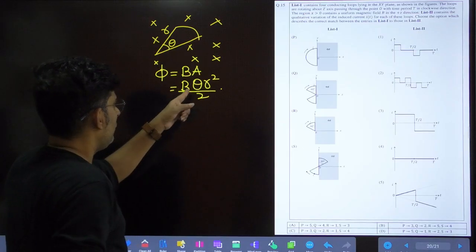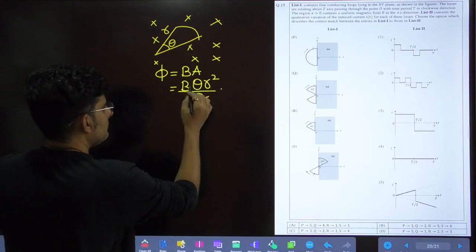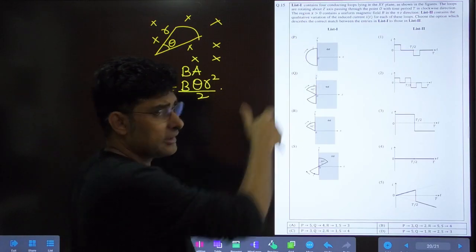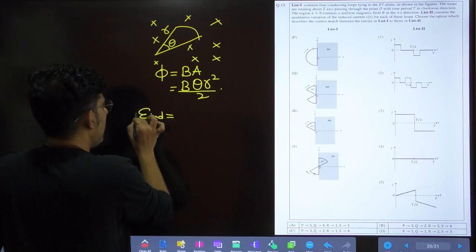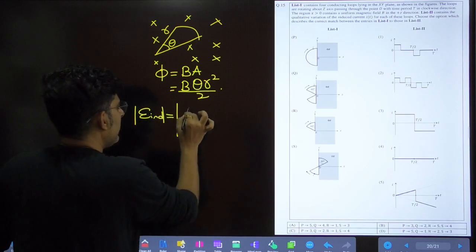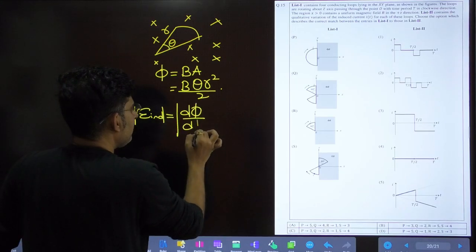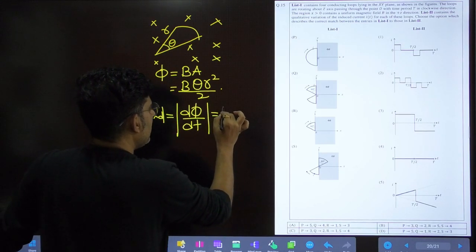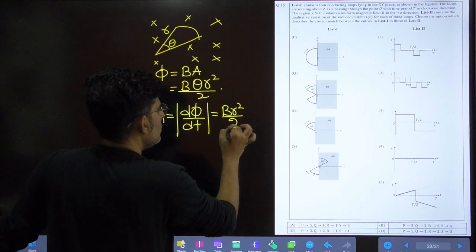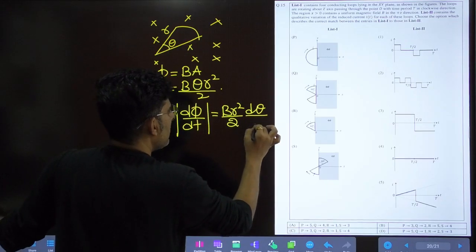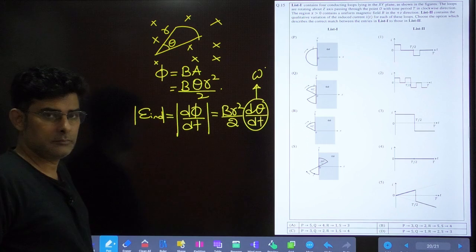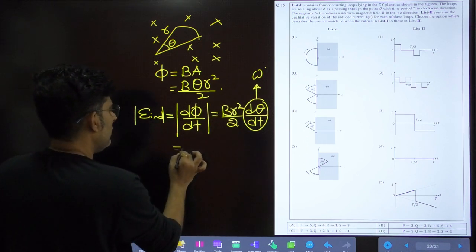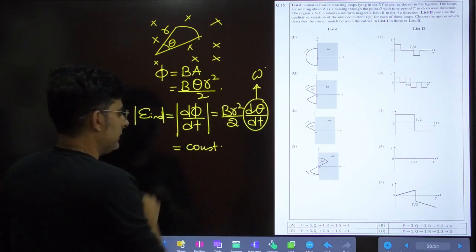Since it is rotating with constant speed, the induced EMF magnitude, you take mod of d phi by dt. So it will become B R square by 2 d theta by dt. Now d theta by dt is what? Omega. And omega is constant, so the induced EMF will be constant in magnitude.